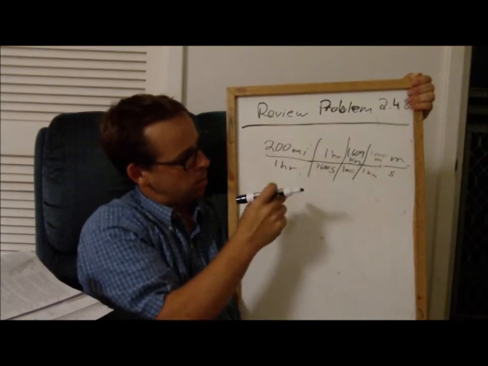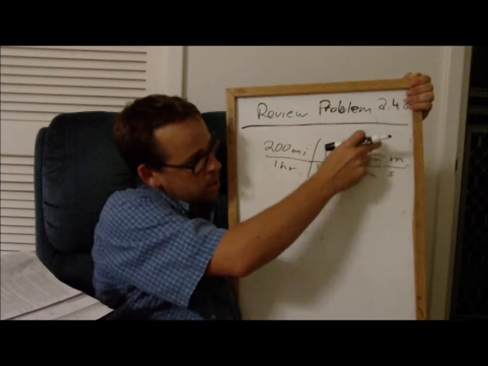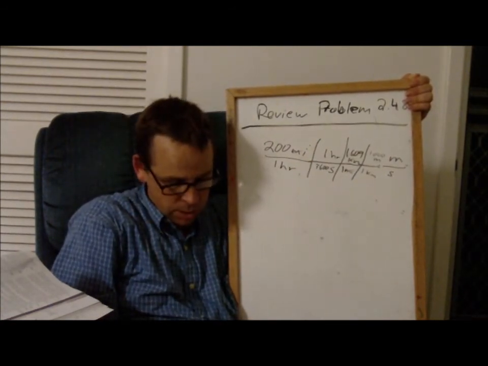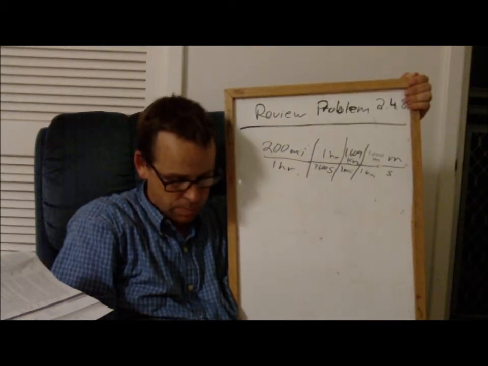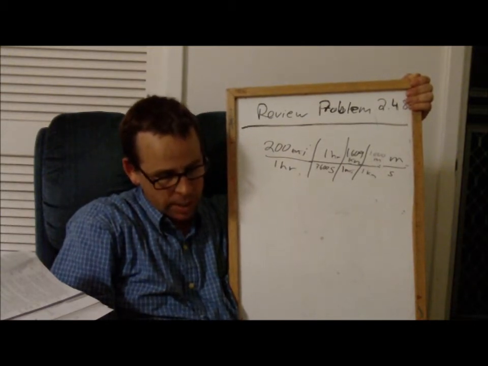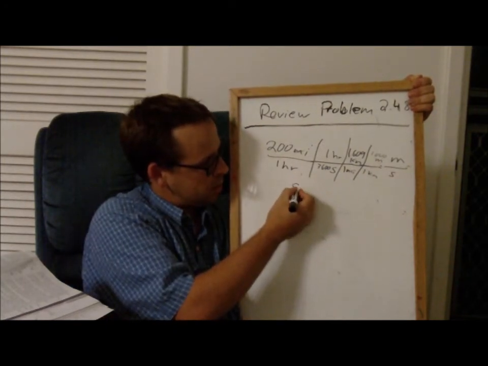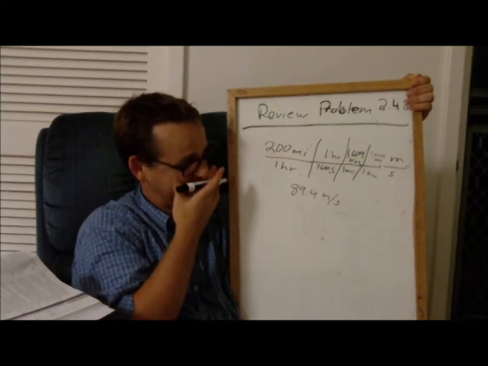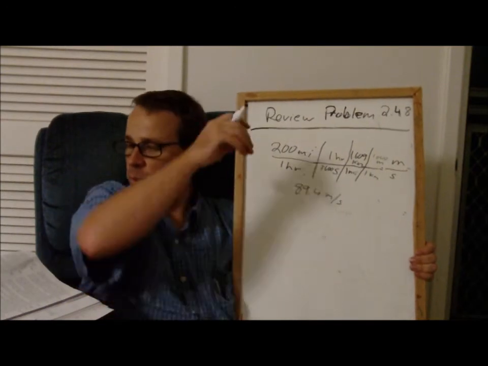So we have 200 divided by 3,600 times 1.609 times 1,000. I got 89.4 meters per second. Alright, 200 miles per hour is 89.4 meters per second.